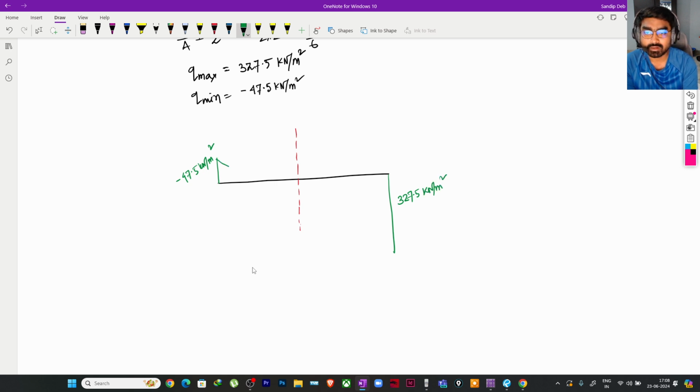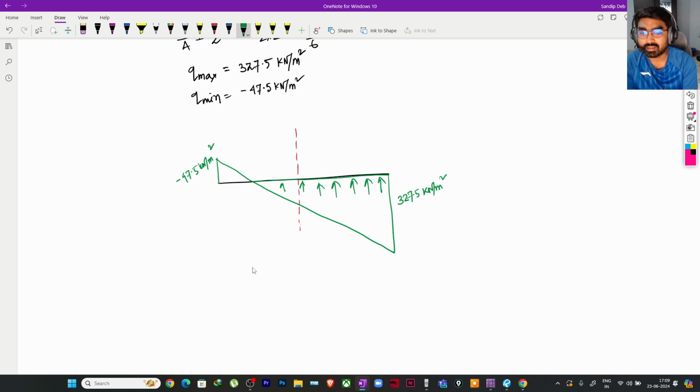And if I draw the diagram like this, it will be something like this, correct? So basically this particular width is under compression, so it is providing reaction like this, linearly varying.